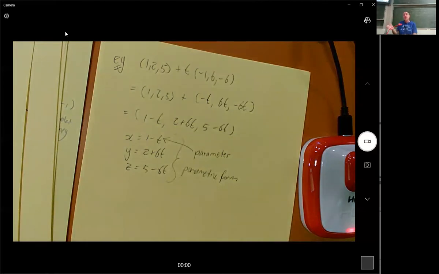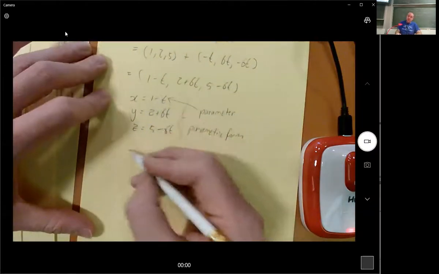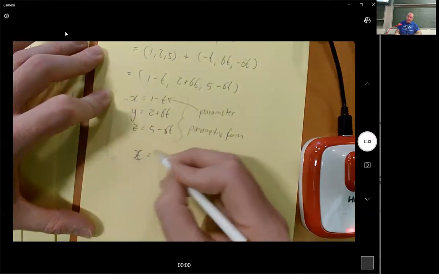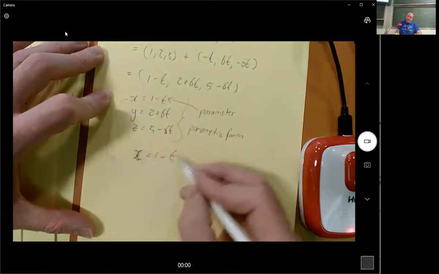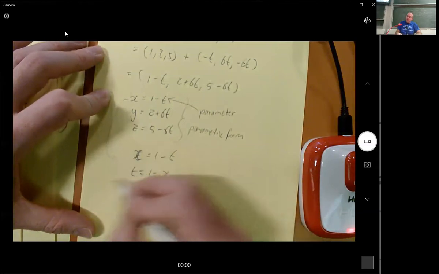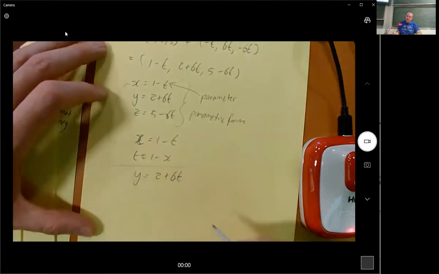What they're expecting you to do is to rearrange these so that they're all equal to t. So if I take the first one, if x equals 1 minus t, then I can move the t over here and the x over here and have t is 1 minus x. Like the second one, I've got y equals 2 plus 6t.